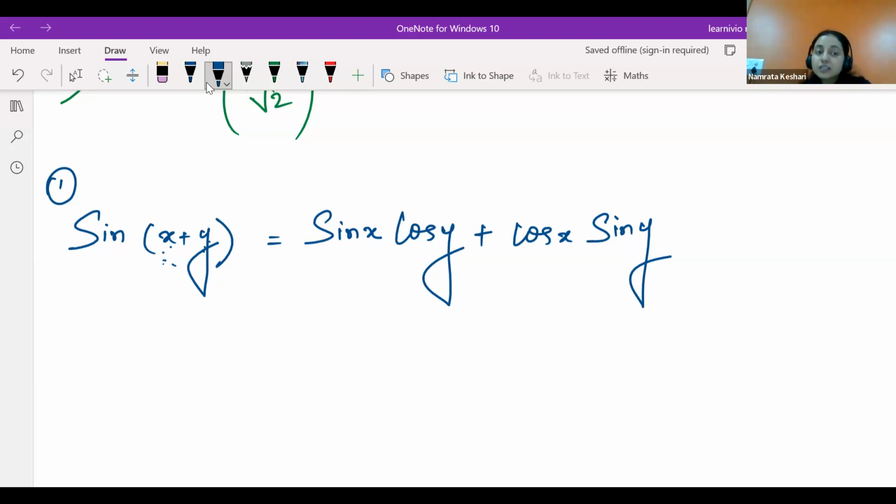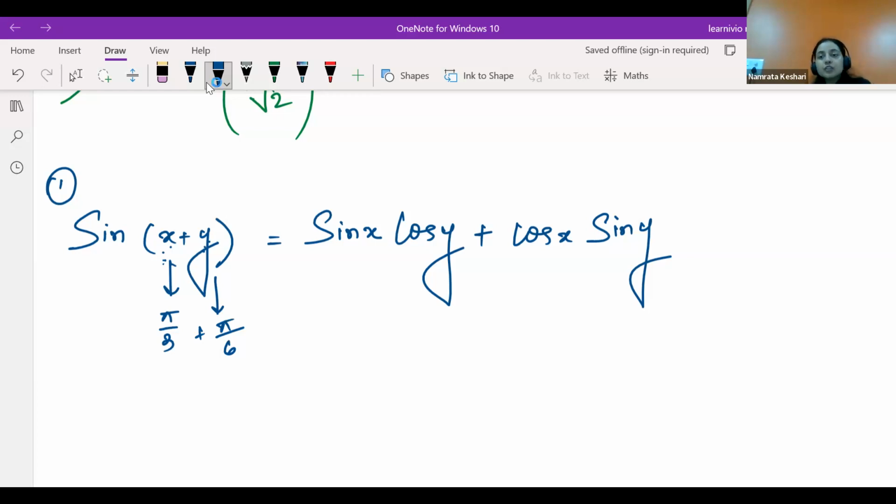You will find it correctly whenever you take, let's say, x as pi by 3 and y as pi by 6. If you take angles like this, one of them is 60, another is 30, and added together it is 90.